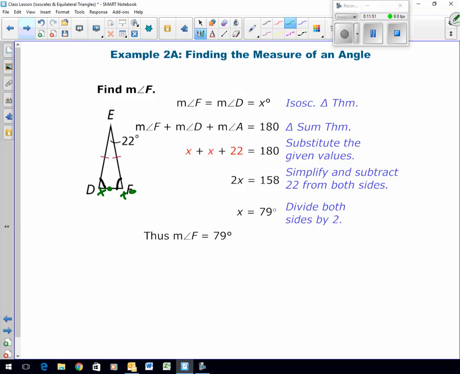So that's how I can use this particular equation. x plus x plus 22 equals 180. How many x's do I have? 2x plus 22 equals 180. Subtract 22, I would get 158. 2x equals 158. Divide both sides by 2. That's how I get 79 degrees per angle. Okay?